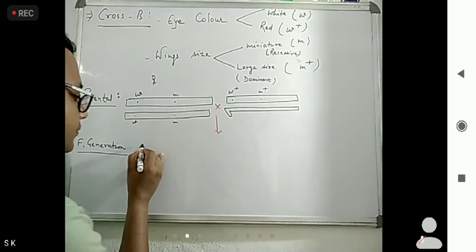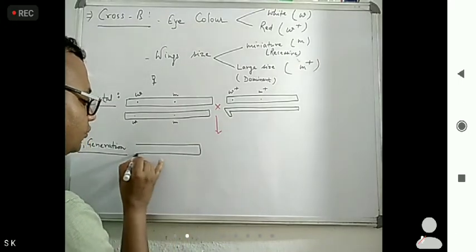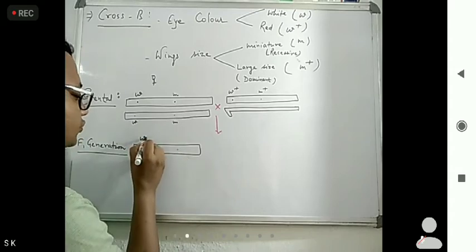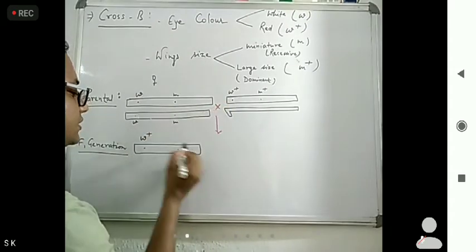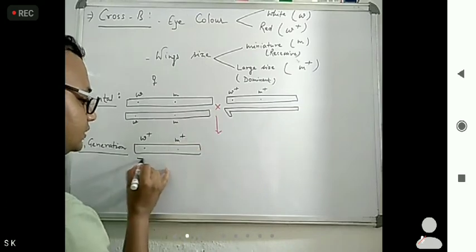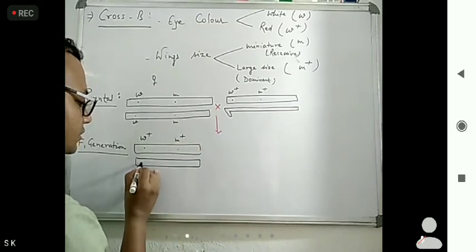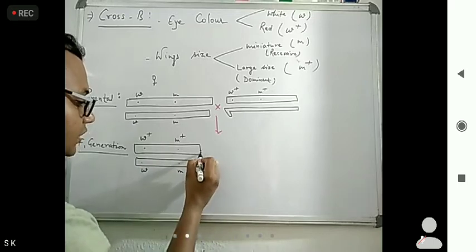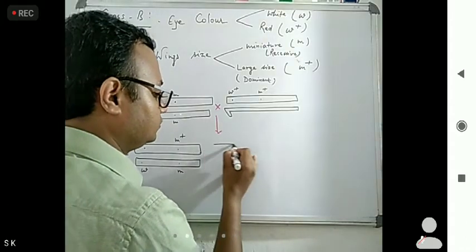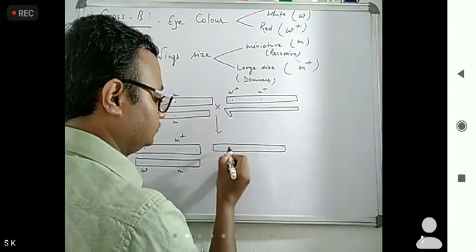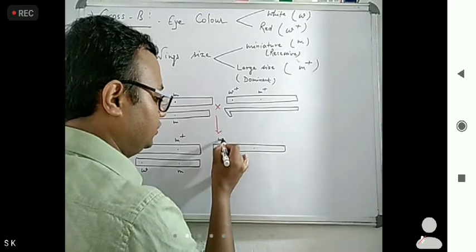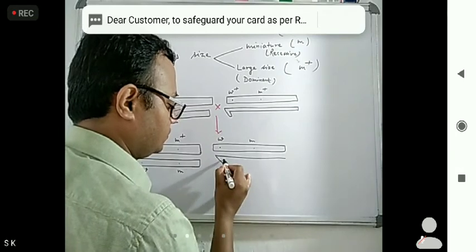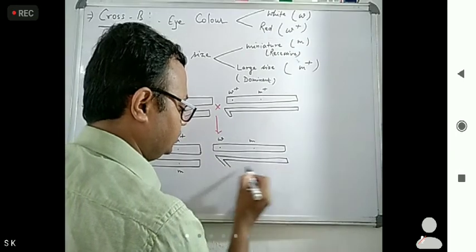Same as what we saw in cross A, crosses occur, so W plus M plus here, WM, and in male WM, and this is the Y chromosome.